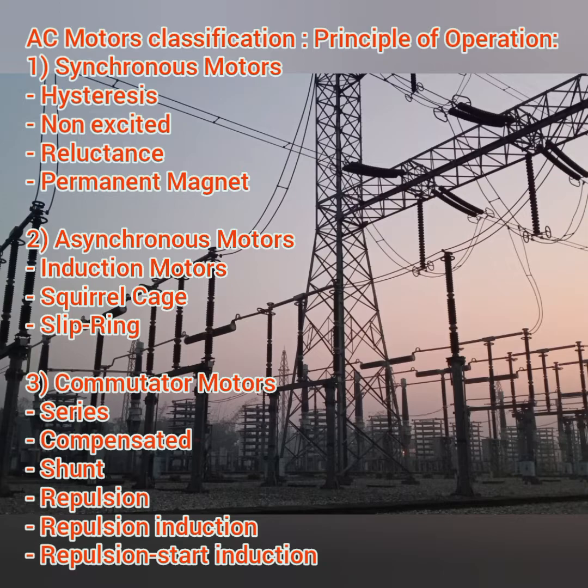The speed can be controlled and varied according to need, but it will never deviate with varying loads. The synchronous motor is subdivided into hysteresis motor, non-excited synchronous motor, reluctance motor and permanent magnet motors.